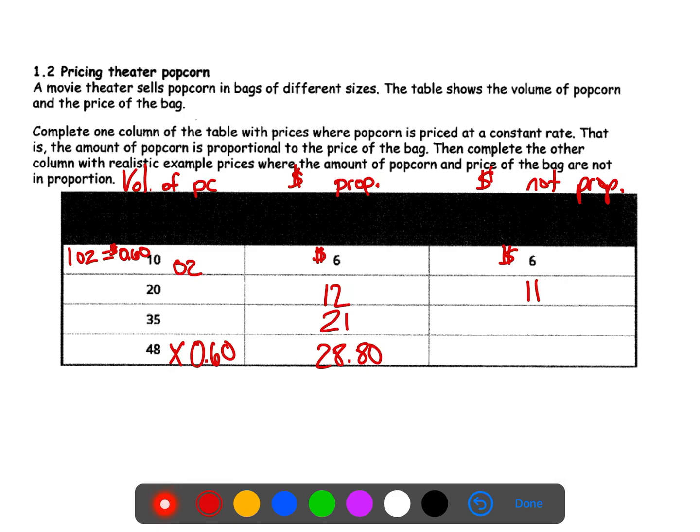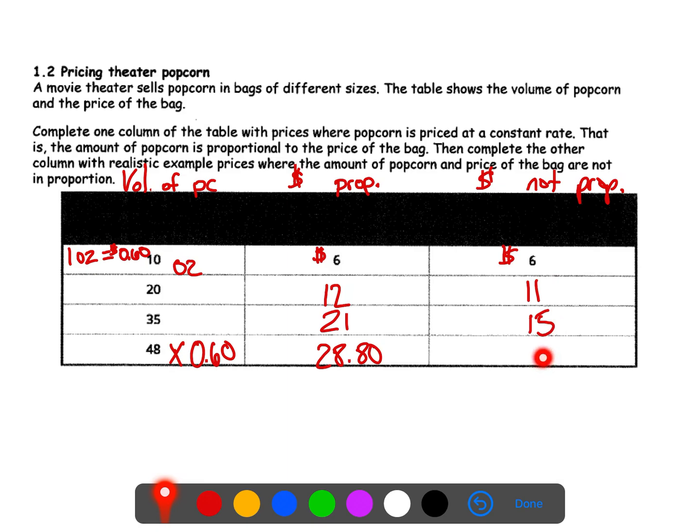So now we're going from 10 to 35 ounces. We're more than 3 times the size of this. Proportionally, it should cost $21. But they might say, you know what, if you get this size, you'll spend $15. All right, that seems like a great deal. If you spend $4 more, you get almost twice the amount of popcorn.